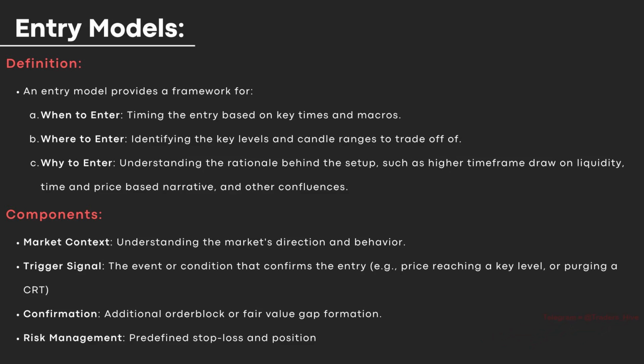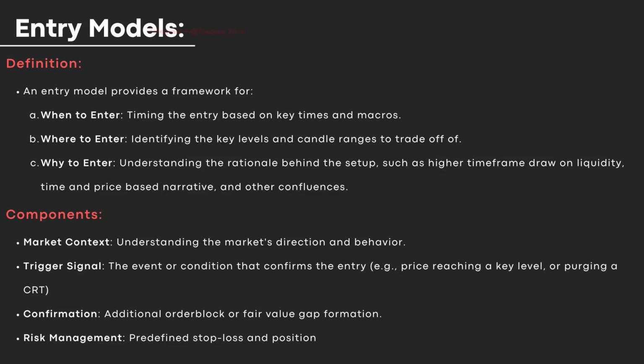It could be in the form of a liquidity purge, a turtle soup, an order block forming, or price reaching a key level or purging a candle range, right? These are the different triggers, the different events that help us identify the signal that tells us it's now time to enter the trade or execute the trade idea that we've been waiting for.